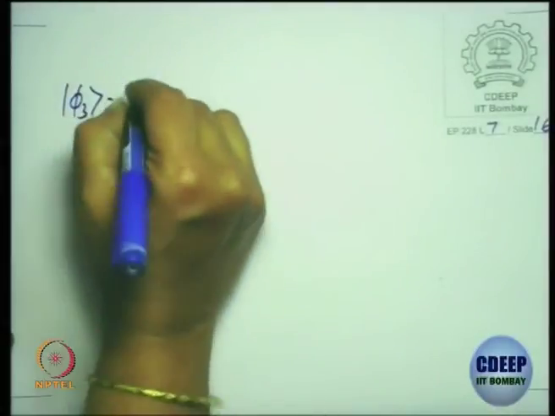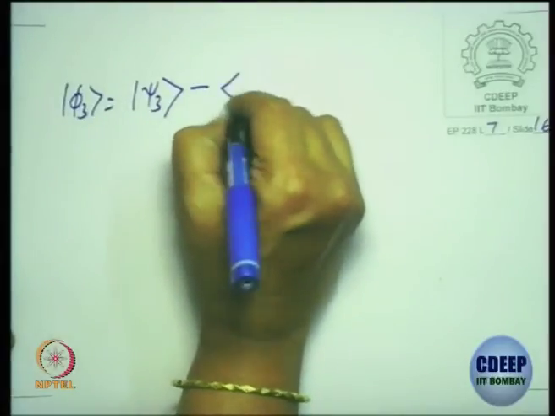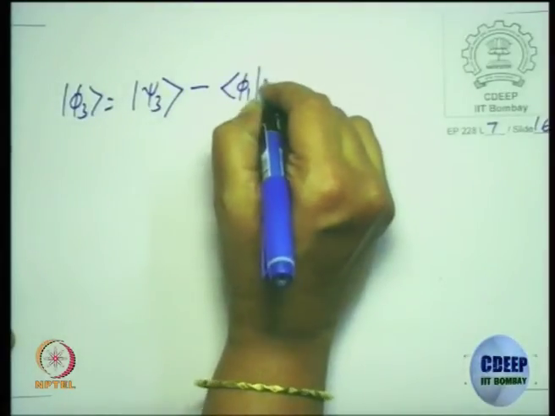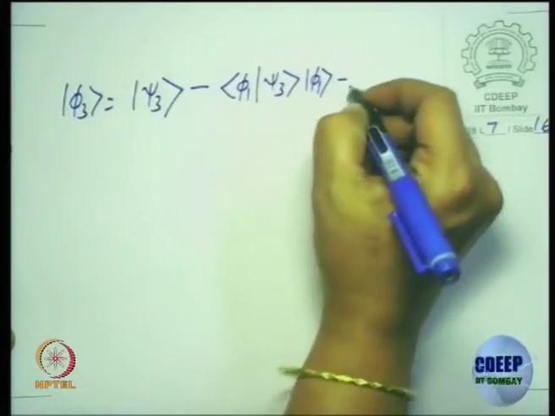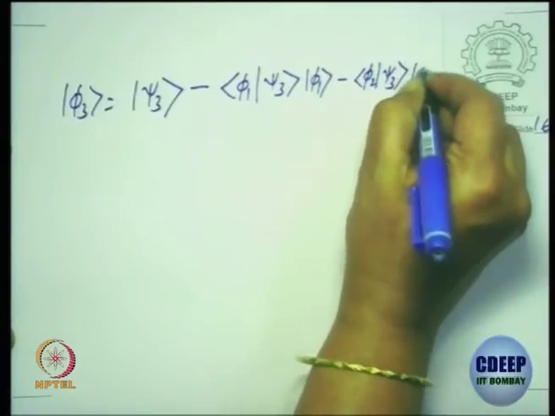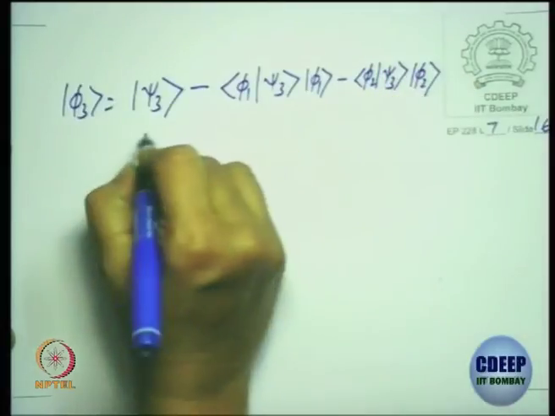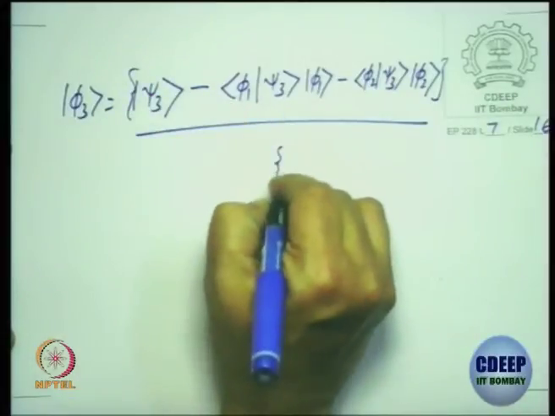Take phi 3 to be psi 3 minus phi 1 times the inner product of phi 1 with psi 3, minus phi 2 times the inner product of phi 2 with psi 3, and then whatever is this numerator, its norm has to be taken.